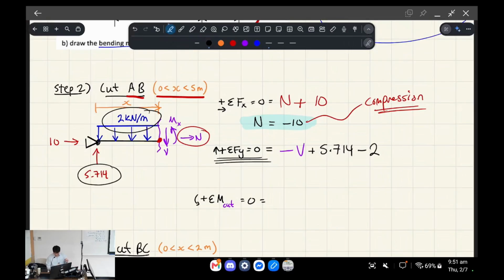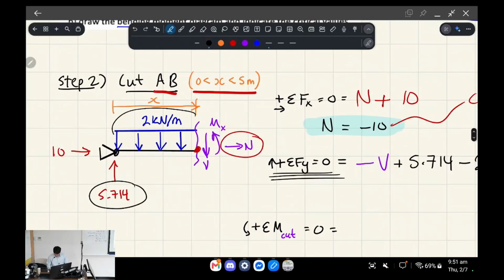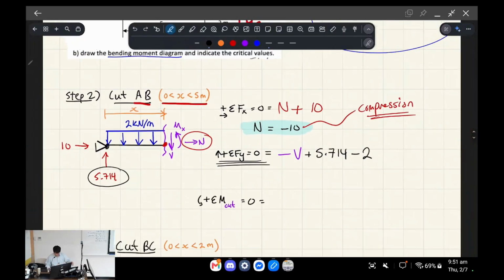So remember, the size of this distributed load is going to change as we walk along the beam. All right, so from x equals 0 to x equals 5, it's going to get bigger and bigger. So the way that we derive this expression is we have to multiply 2, which is in kilonewtons per meter, by x. This is our variable distance, which is in meters, all right?